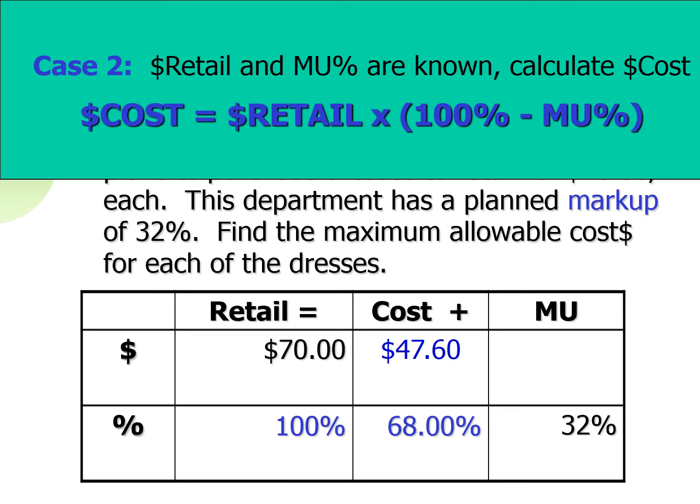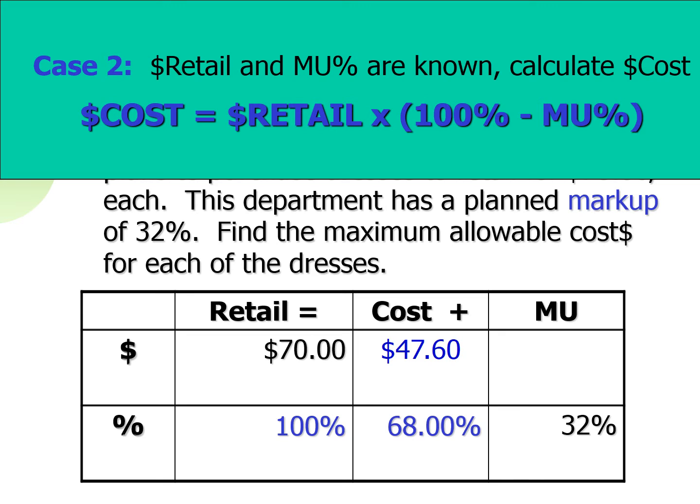We first had to calculate cost percent, which was 100% minus markup percent, the part in the parentheses in this formula. Then we multiplied that by the retail dollar to come up with our cost dollar. So we put these two steps into one formula: cost dollar equals retail dollar times (100% minus markup percent).